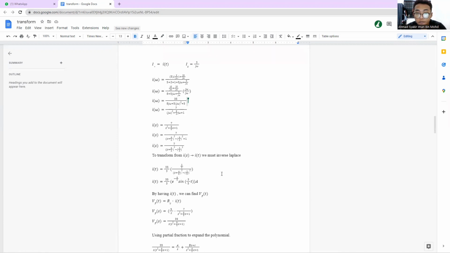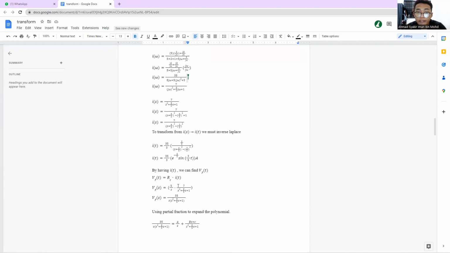By using the inverse Laplace, we got I(t) equal to 35 over 3 e to the power of negative 4 over 5 t sin 3 over 5 t ampere.